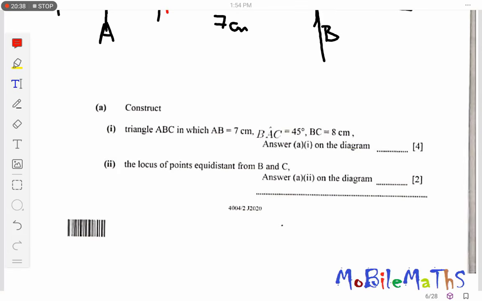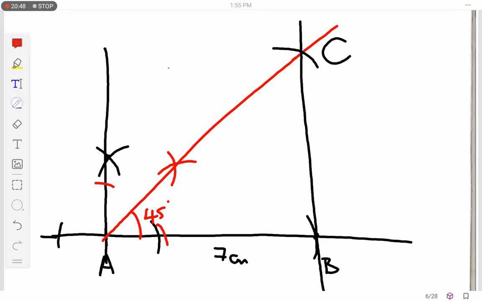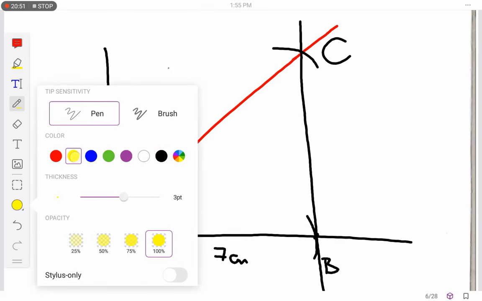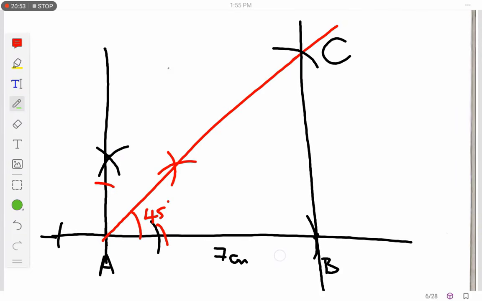They are now saying the locus of points equidistant from B and C. Okay, so when they give you 2 points, it means we are bisecting B and C. Let's bisect our B and C there. Okay, so if we are to bisect, you come from this point, you open, okay, then you go to this other side. Okay, you go to B, you open again, like that.